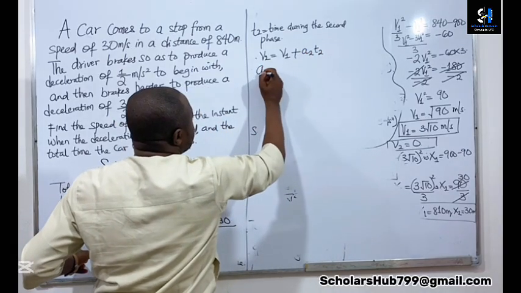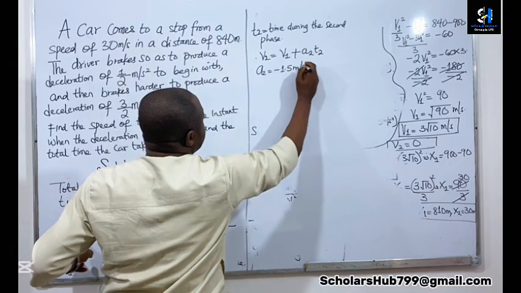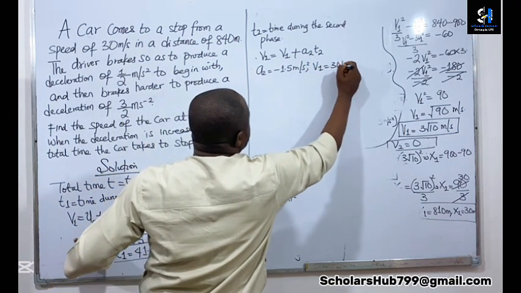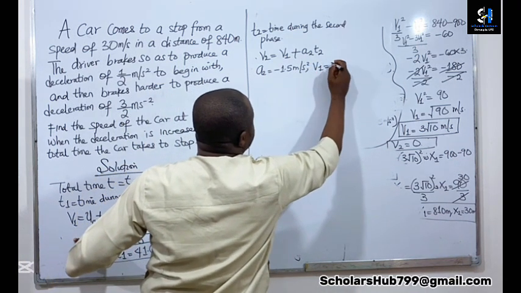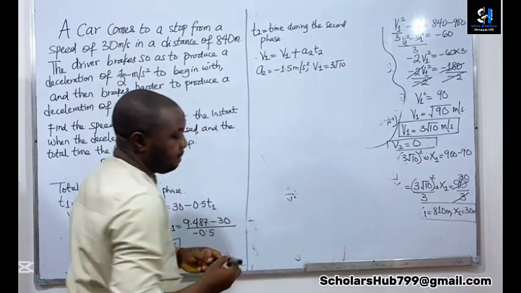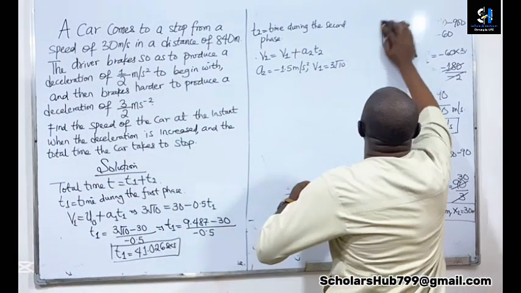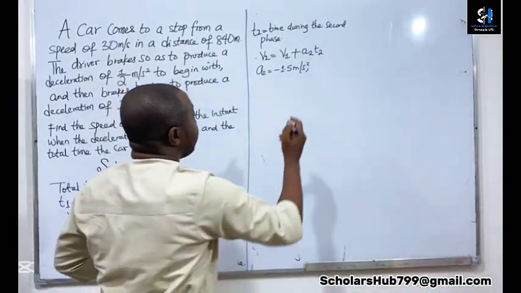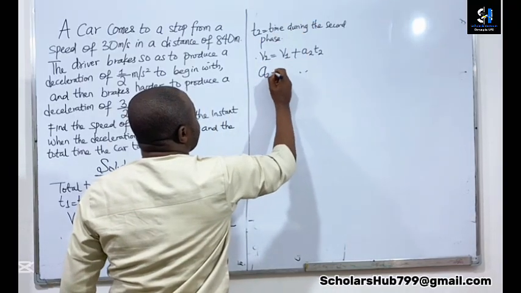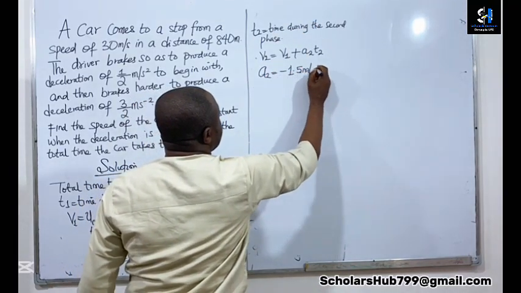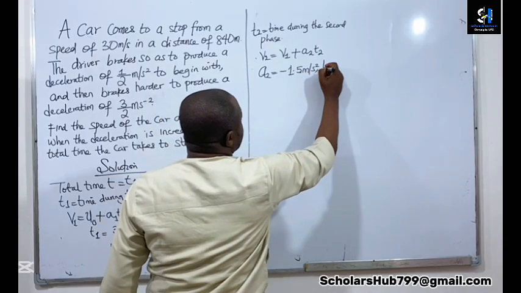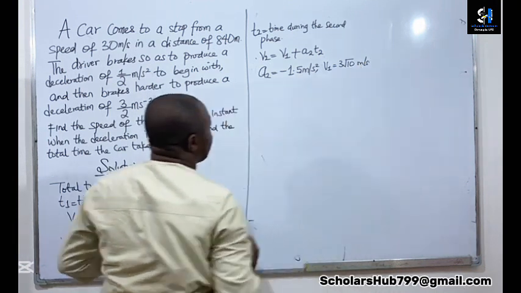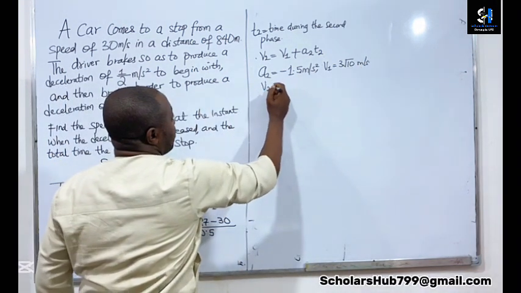We know that a2 is minus 1.5 meters per second squared, v1 is 3 root 10 meters per second, while v2 equals 0.